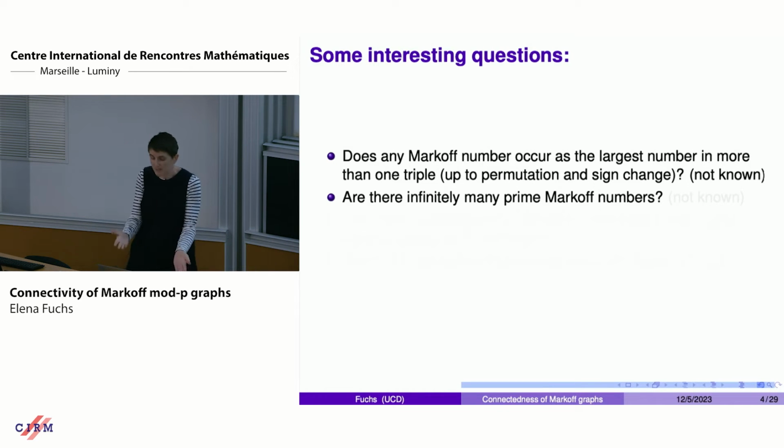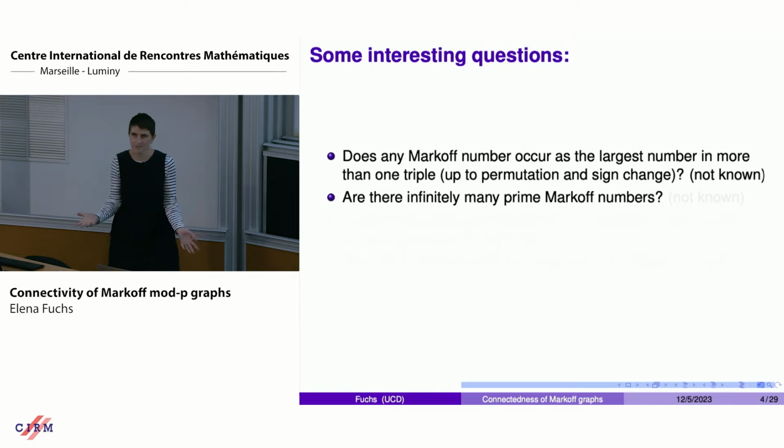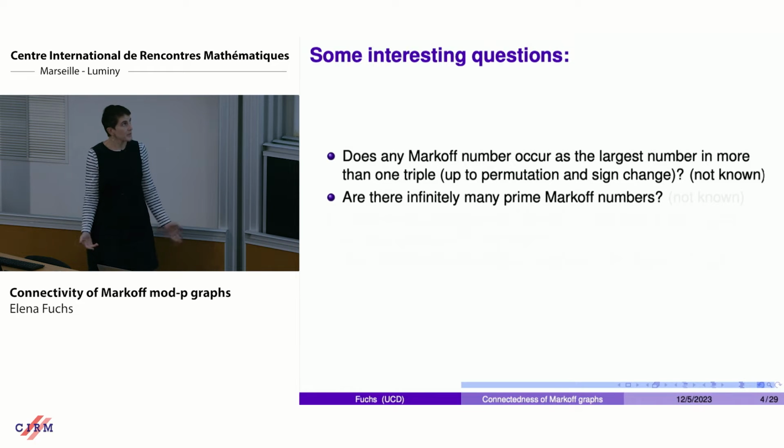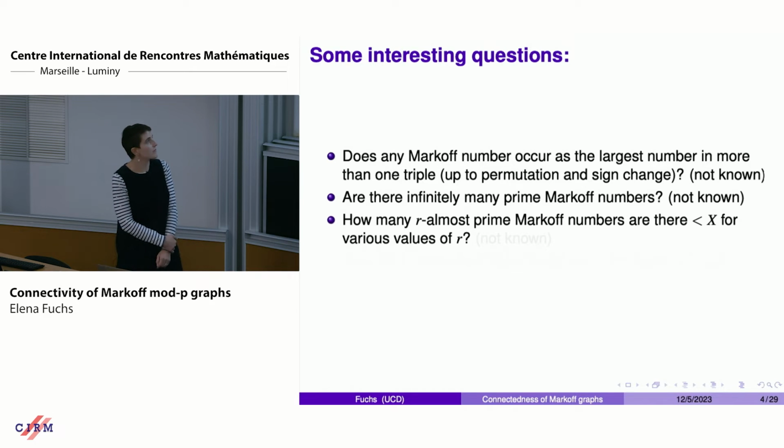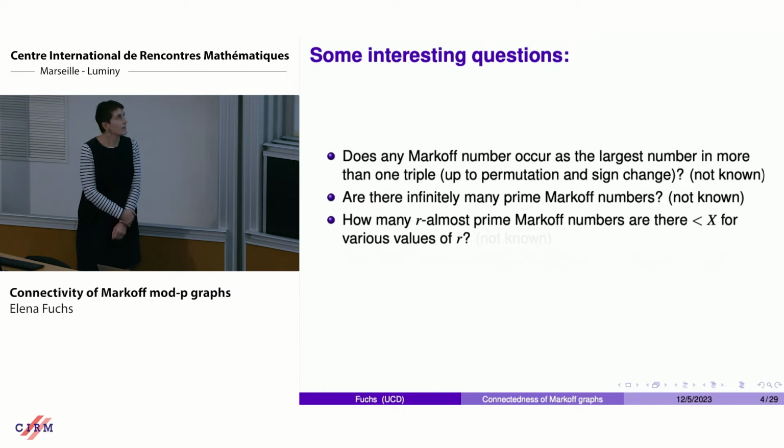Are there infinitely many prime Markoff numbers? As a number theorist, that's what I'm drawn to, questions about primes. And again, we think yes, but we do not know. Sometimes in these kinds of questions, if you can't answer something about primes, maybe you can answer about R almost primes.